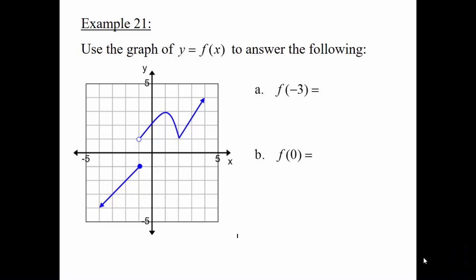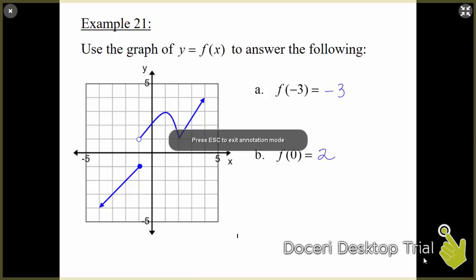So it's going to be -3. When x is 0, what is y? It's going to be 2. If you're not sure, when we've got 0, we go up here and read, and there's your point at 2.